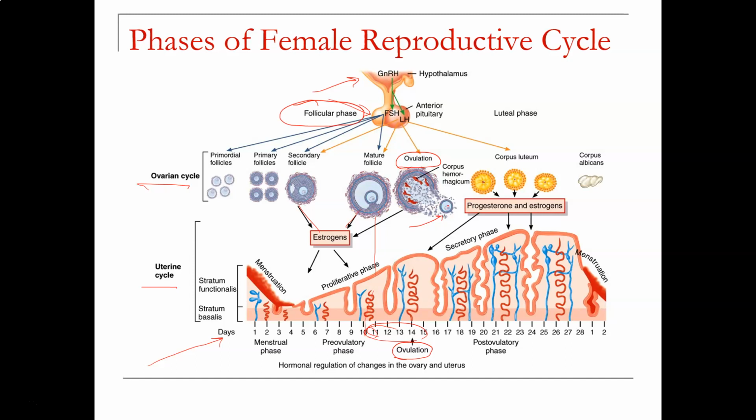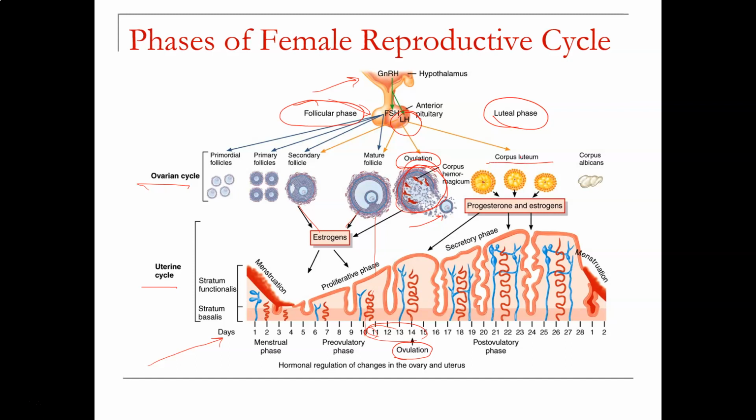Okay, now what happens to this egg will be in our last lecture, but let's look at what's left of the Graafian follicle. All these other cells left behind, with the antrum and the granulosa cells and a bunch of thecal cells, what happens to them? Well, this is where LH comes into play. LH is the more important hormone in what they call the luteal phase of the ovarian cycle, and they call it that because the predominant structure present is the corpus luteum.